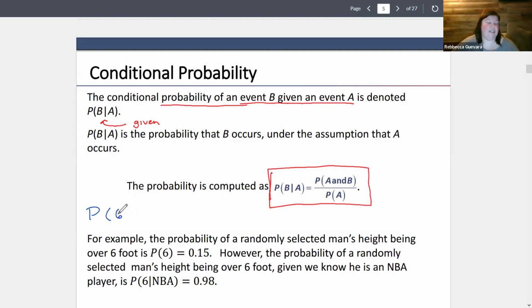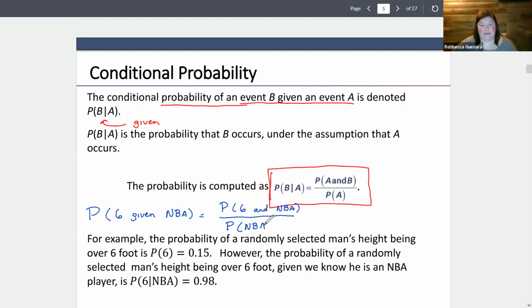So the probability that they are 6 feet tall, given you're in the NBA, is the probability that this person is 6 foot tall and in the NBA, compared to NBA players, because we're saying given NBA.